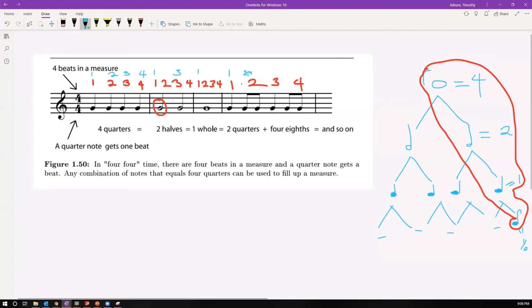So in between the 2 and 3, I need to sing this note because it's half of 1. So in between 1 and 2, or between 2 and 3, I need to indicate this note. I need to pronounce it because it's an 8th note, so it comes in quicker in between.